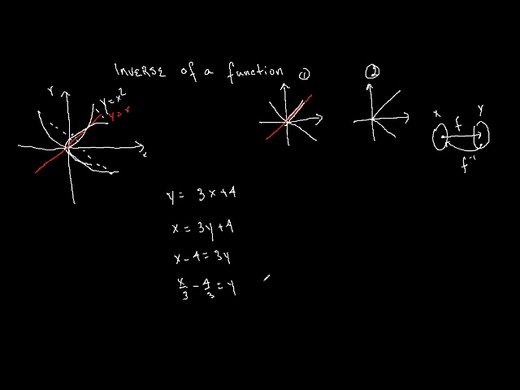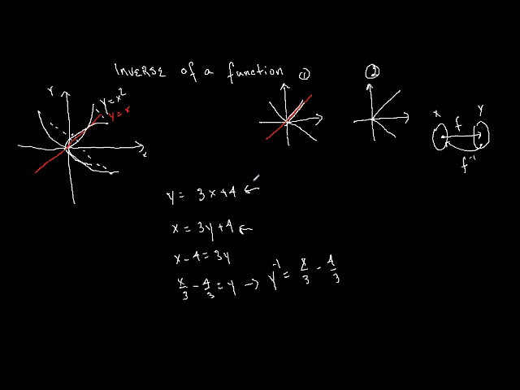Now, this is done. I don't have anything else to do here. y is isolated. y equals x over 3 minus 4 over 3. And since this is the inverse, since this is the function form of this equation over here, I can put a little -1 exponent here to indicate that it's the inverse of my initial equation up here.